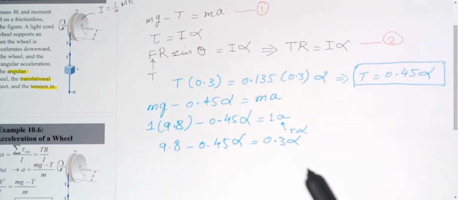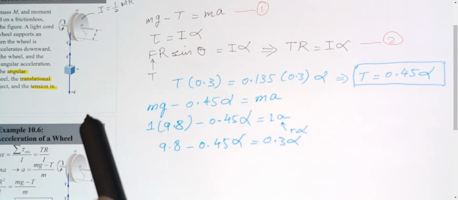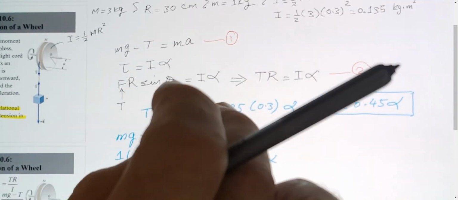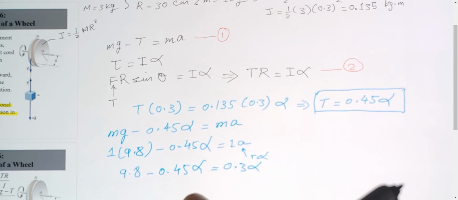Sine theta, we said in sine theta, theta is 90 in this problem. So sine 90 is 1. Why did I substitute wrong? Where did I put it wrong? That is correct.